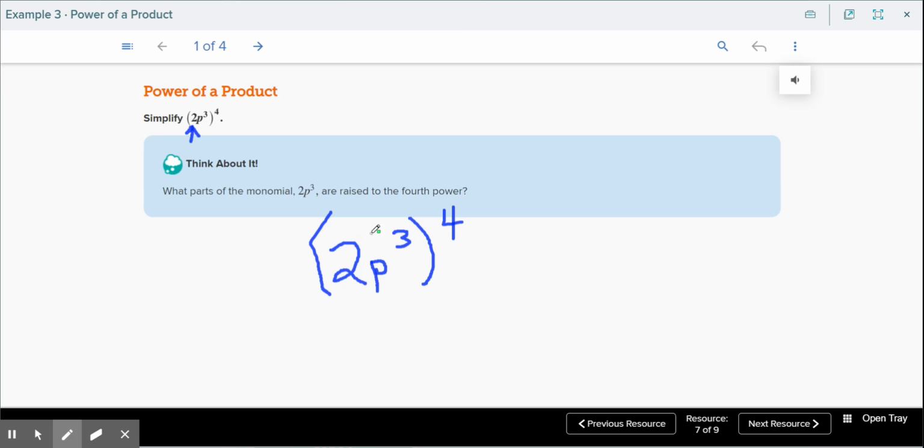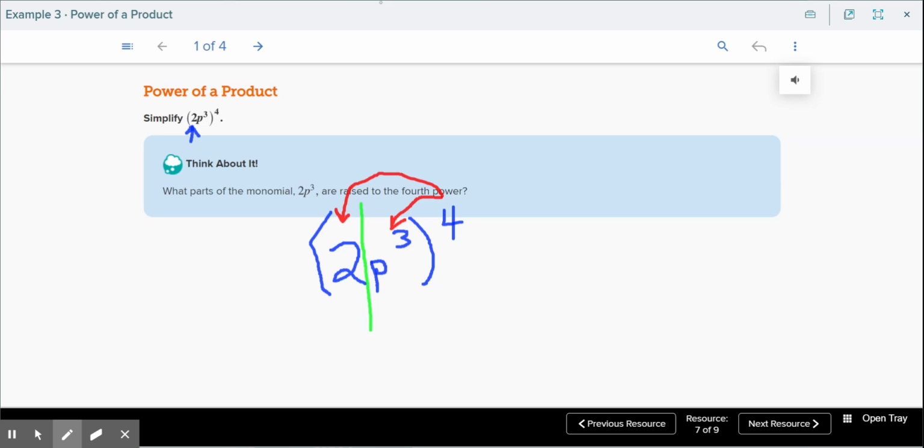So when we have a setup like this, these two numbers can be looked at as being separate from one another. So the 2 is not attached to the exponent of a 3. However, everything inside of this parentheses is affected by this exponent of a 4.